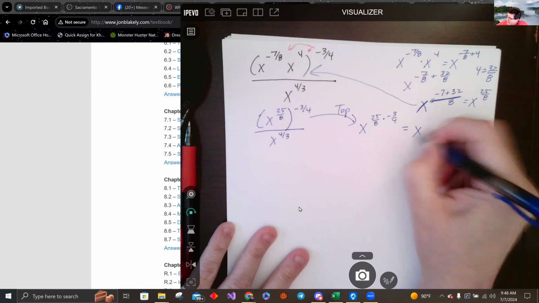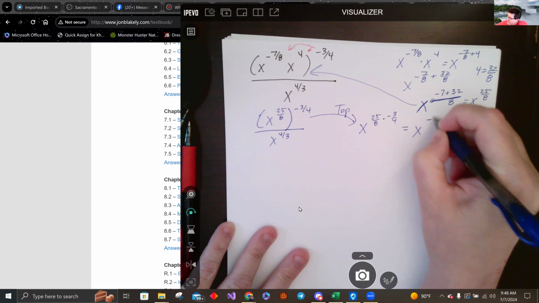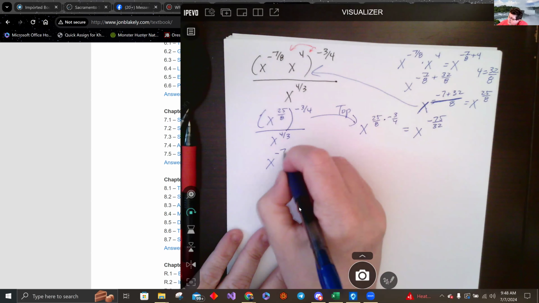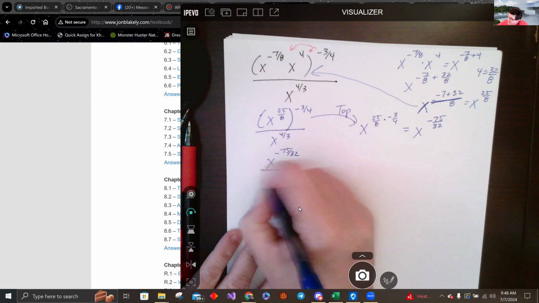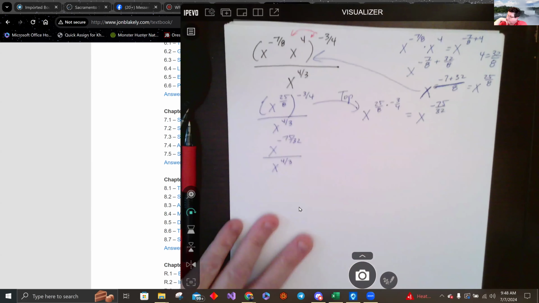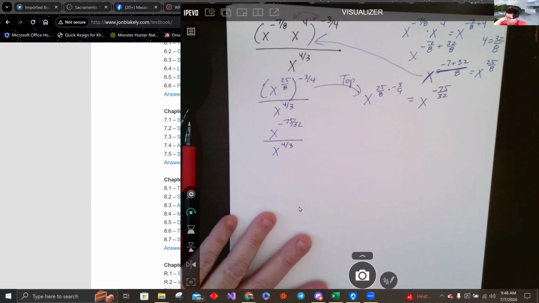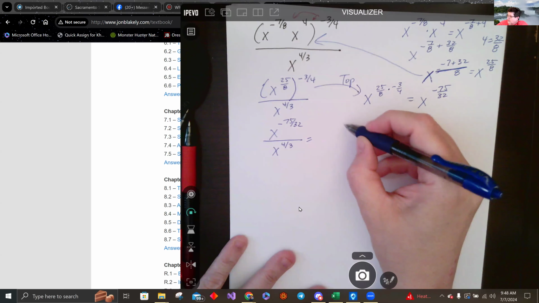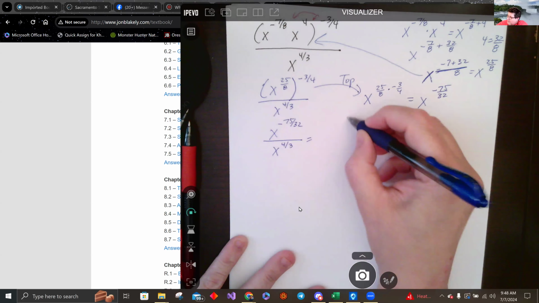And this is 25 times -3 is -75. 8 times 4 is 32. God, this is getting ugly. We're going to move the negative exponent to the bottom.